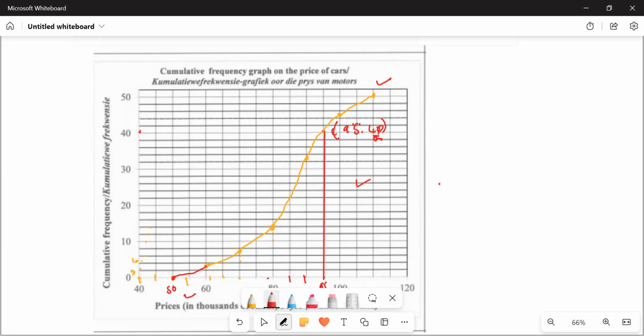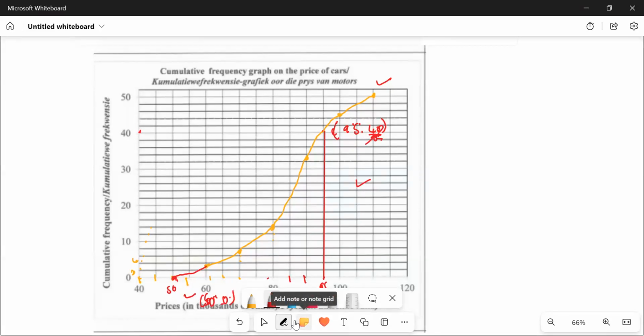Yes, if you see the word below, Mary wants to spend below, or Mary wants to spend a maximum of 95,000. Because what is the smallest Y value that you can have here? It's going to be 0. So when you take the Y values and subtract them, you say 40 minus 0. That makes sense.